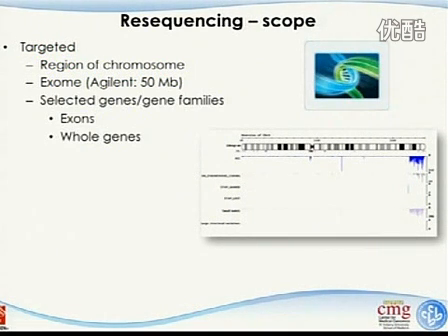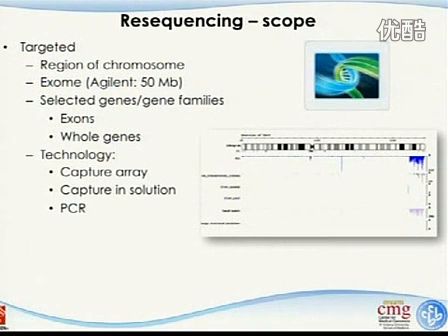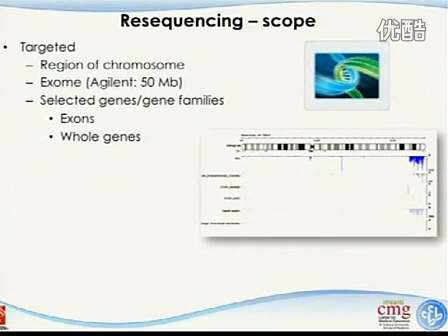You can also do other types of targeting. For example, I have a gene that I have studied my whole life, and I want to deep sequence the entire region, and that is possible as well. So you can really do the exons or whole genes. This is one of the examples from our collaborators.